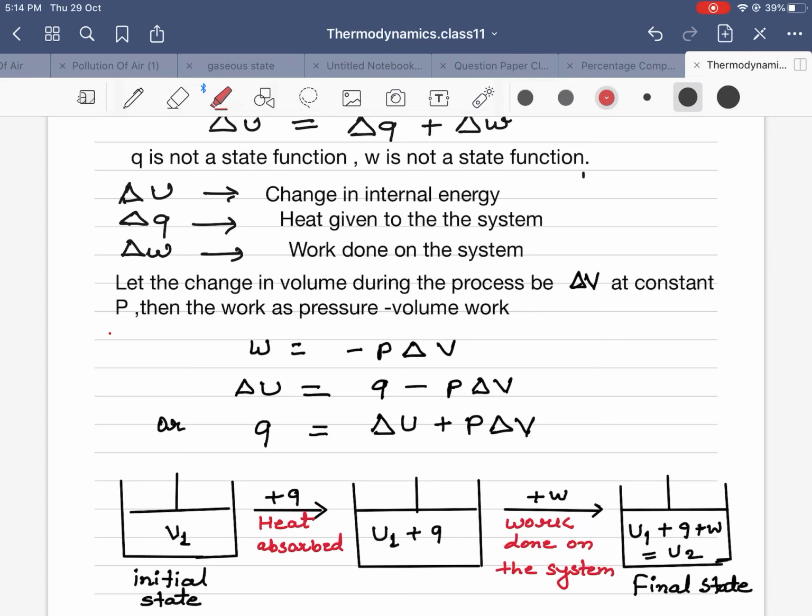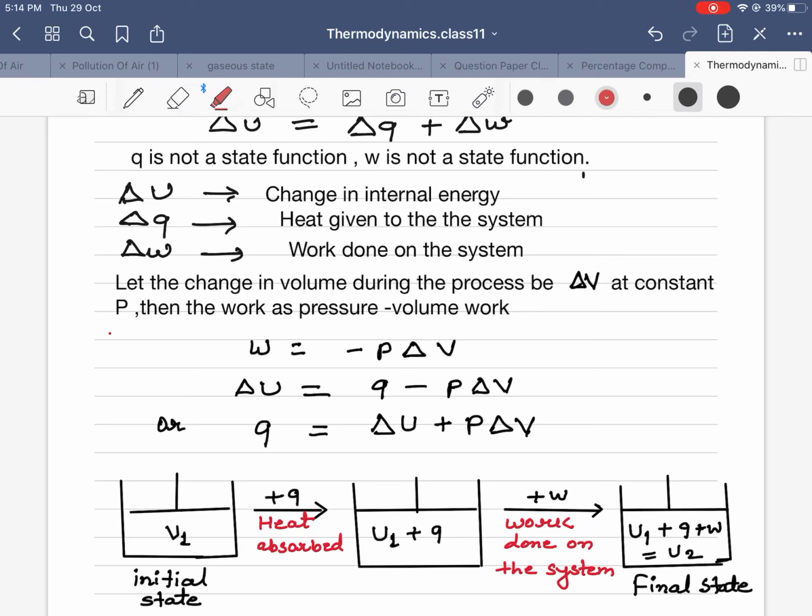Then U2 is equal to U1 plus Q plus W, or U2 minus U1 is equal to Q plus W, and delta U is equal to Q plus W, and this equation is the mathematical form of the first law of thermodynamics.